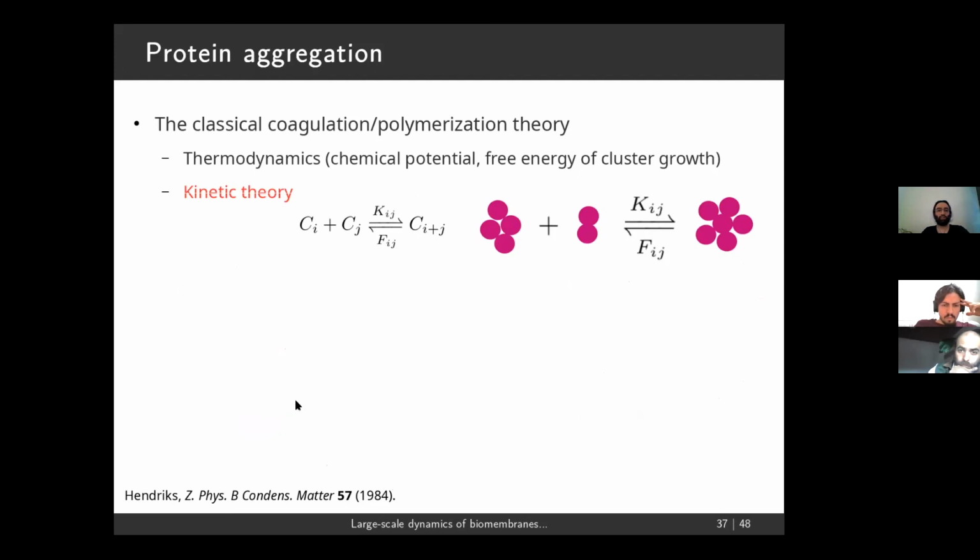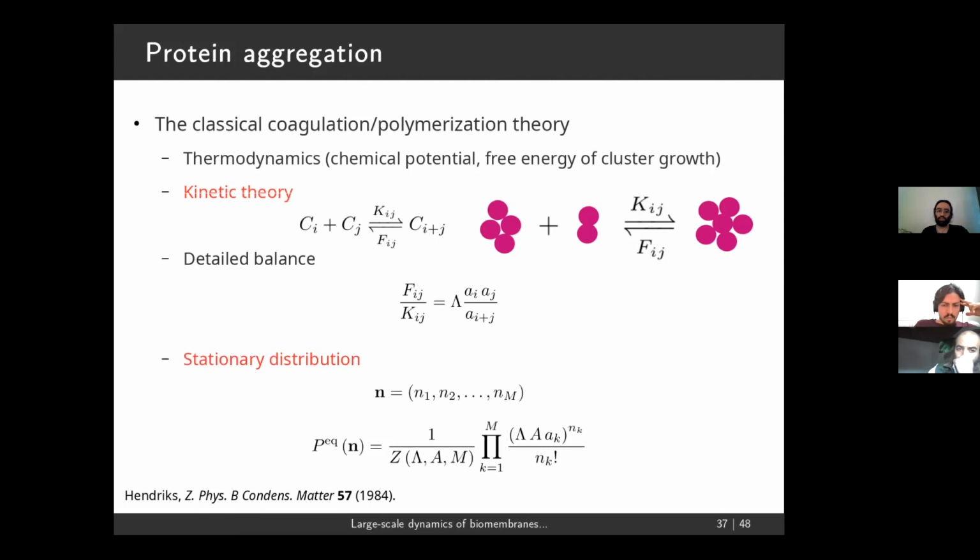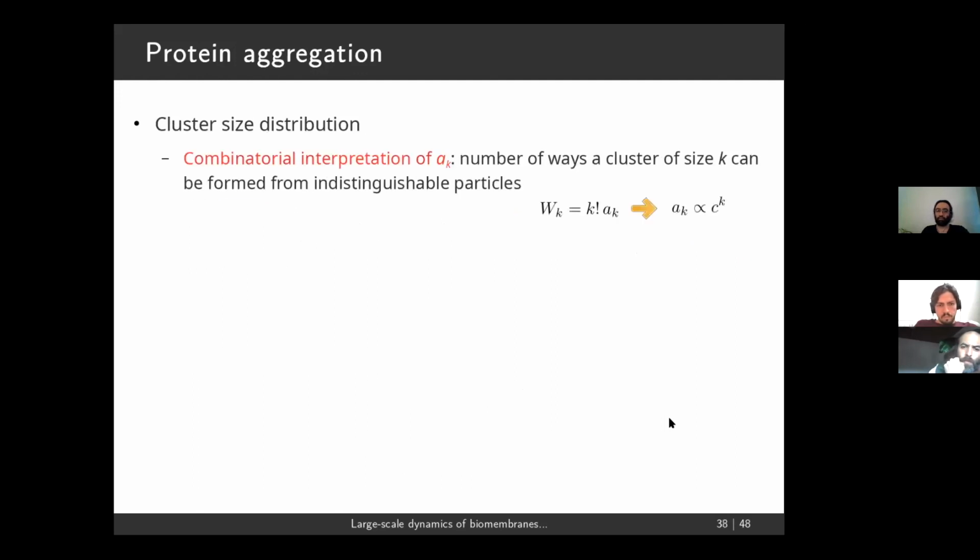So there is this classical way of looking at particles that come together and form a cluster, and people have come up with distributions of cluster size based on the rate of formation and dispersion. These are not very important details.